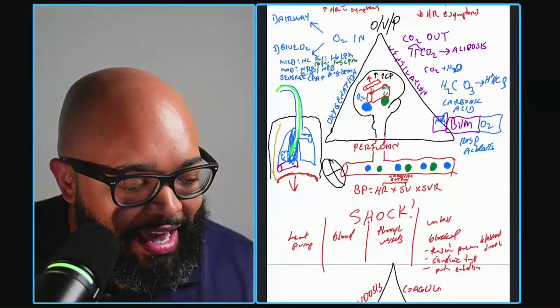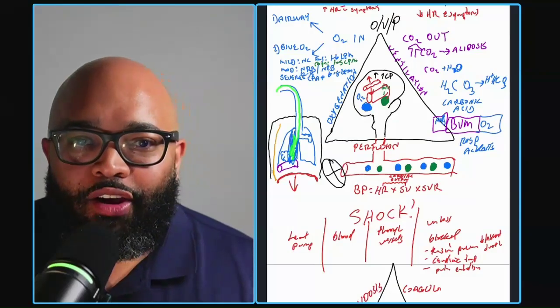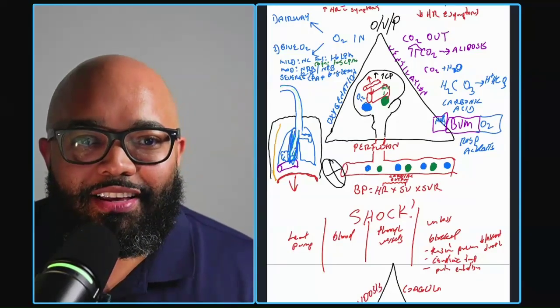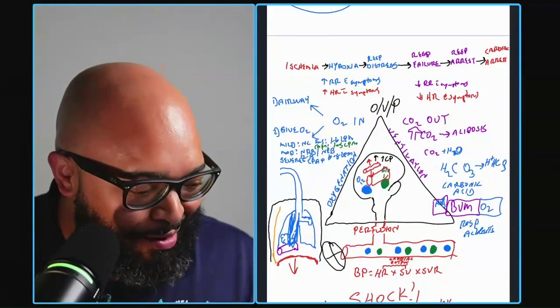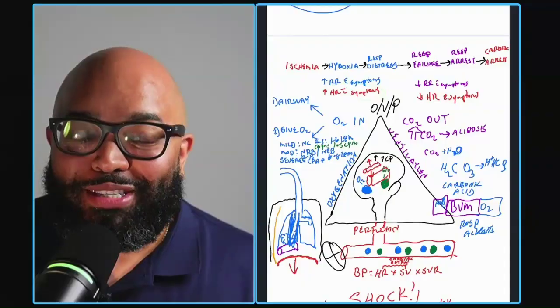Altered mental status. I'm going to have altered mental status, but when enough blood doesn't make it through here, are they going to have respiratory distress? Yes. So they're going to have increased respiratory rate with symptoms. If they have increased respiratory rate with symptoms, are they going to have increased heart rate with symptoms? Yes. Okay.